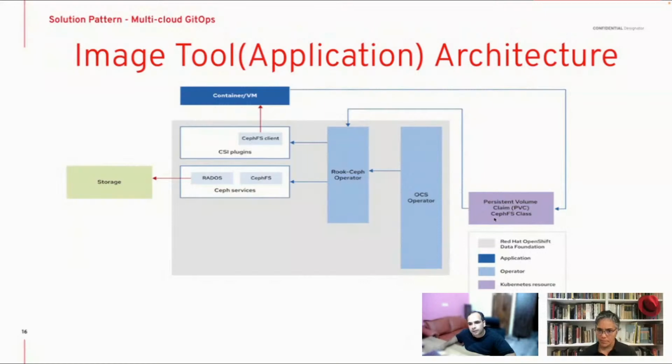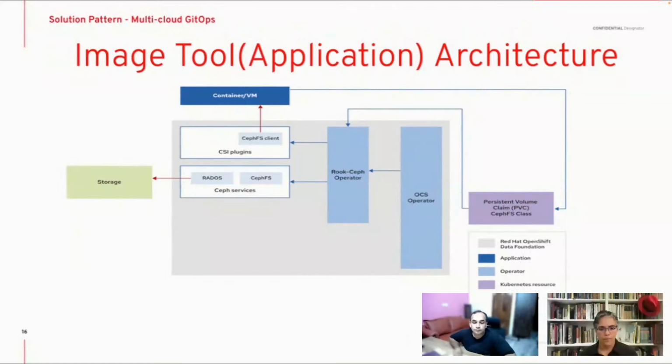Using this persistent volume claim, it will go to the Rook Ceph operator, and from there CephFS will be used to provide the storage. This Rook Ceph operator will be deployed by the OCS operator, which is the meta operator which we already installed.